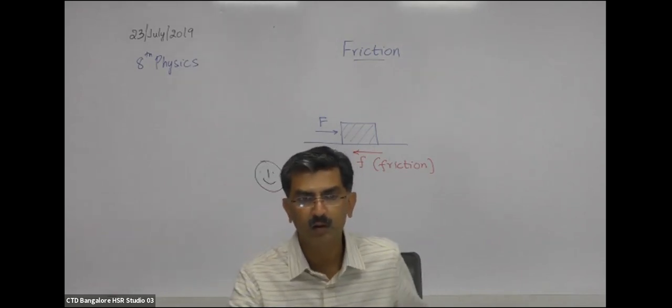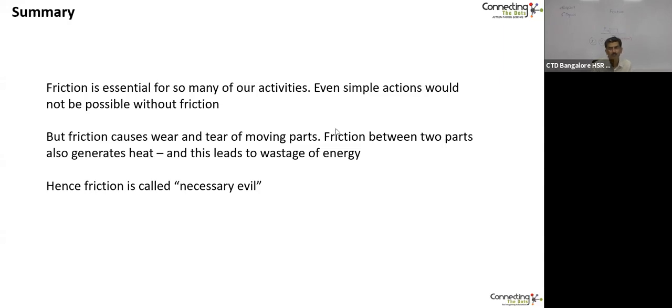So, summarizing what we have learned today, friction is essential for so many of our activities. Even simple actions would not be possible without friction, like walking or running or holding something. So it is necessary.